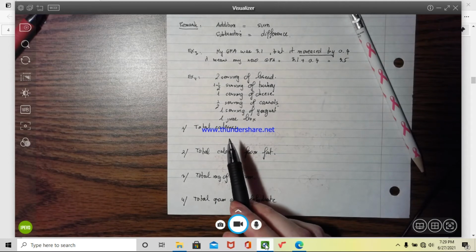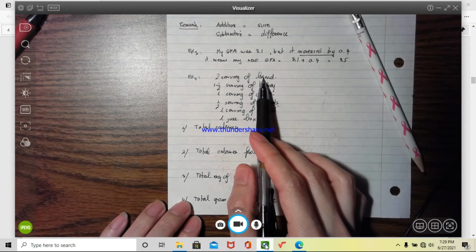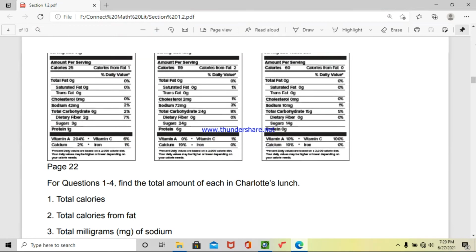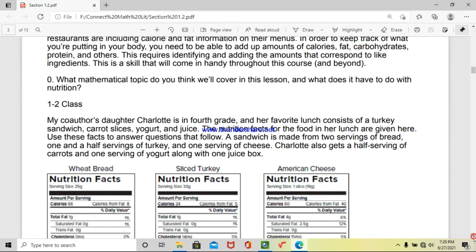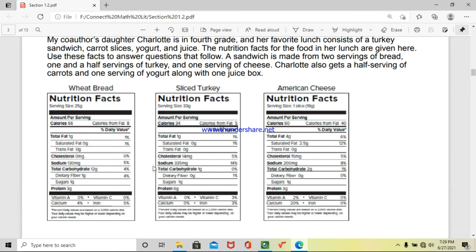Okay, and we have 2 servings of bread. So we look at the table for bread. So bread right here. This is bread, right? And 2 servings of bread. But this is for 1 serving.